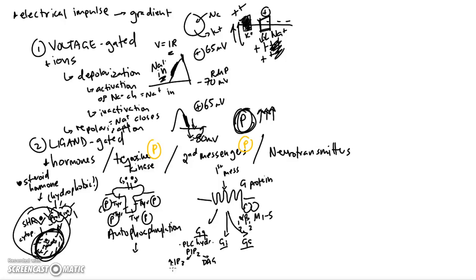The IP3 will cause an increase in calcium. The increase in calcium will cause an increase in calmodulin. And basically this will have a phosphorylating effect.